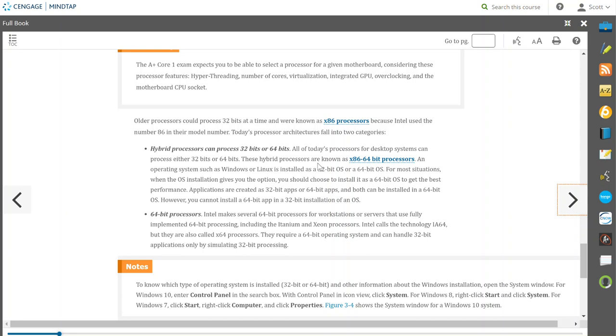And the operating systems themselves have to be compatible with the processor and the motherboard. So if we're talking about a processor that's a 32-bit processor, it has to be compatible with the 32-bit chipset on the motherboard. So everything is compatible, and the OS has to be compatible for 32-bit. So all these things are tied together. If it's a 64-bit processor, then you've got a motherboard that's configured for 64 bits. The OS is 64 bits.